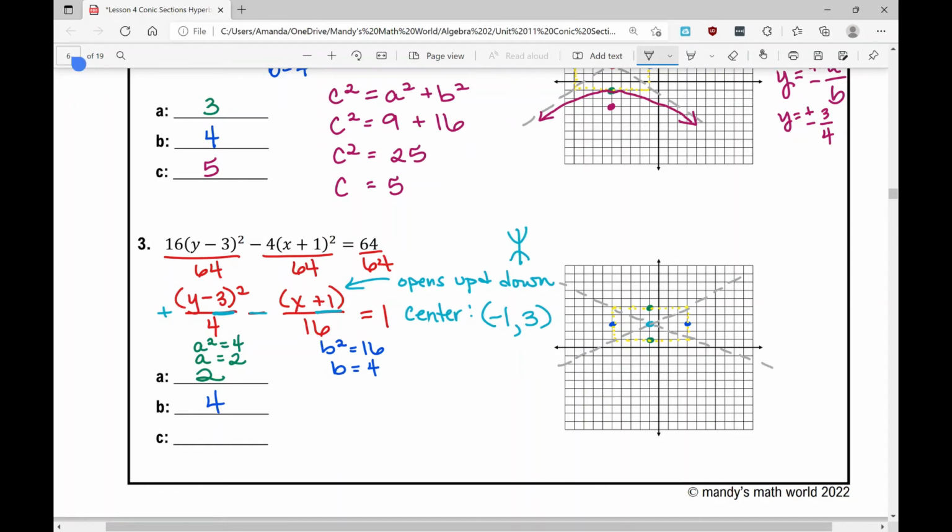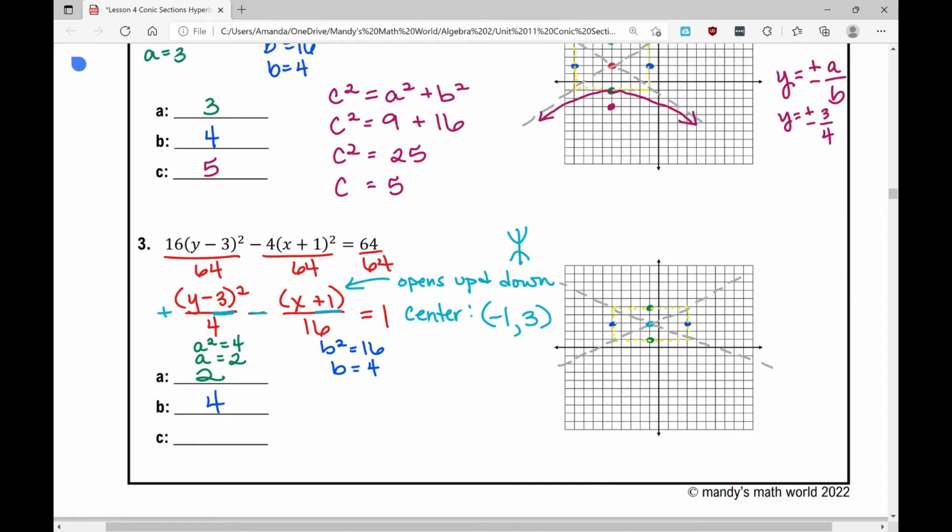Okay, so remember in this case, the slope of the asymptote would be positive or negative a over b, which would be positive or negative 2 over 4, which is positive or negative 1/2. That's the slope of each asymptote. So you could draw it exactly from that center point.